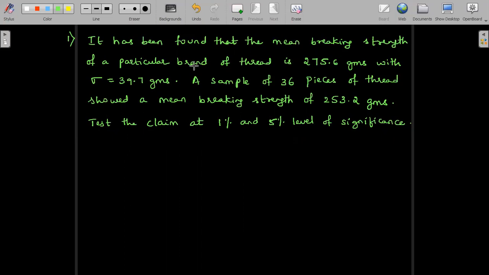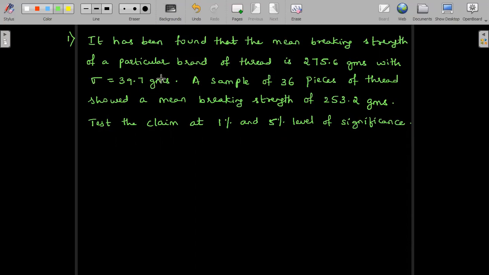So the mean of a particular brand is 275.6. So this is the mean of the population. For the overall population, the mean is 275.6. When we collect a sample of 36 pieces, so n equal to 36, the mean breaking strength was 253.2 grams. So this is the mean of the sample denoted by x bar. So the mean of the sample x bar is 253.2 and the mean of the population is 275.6.